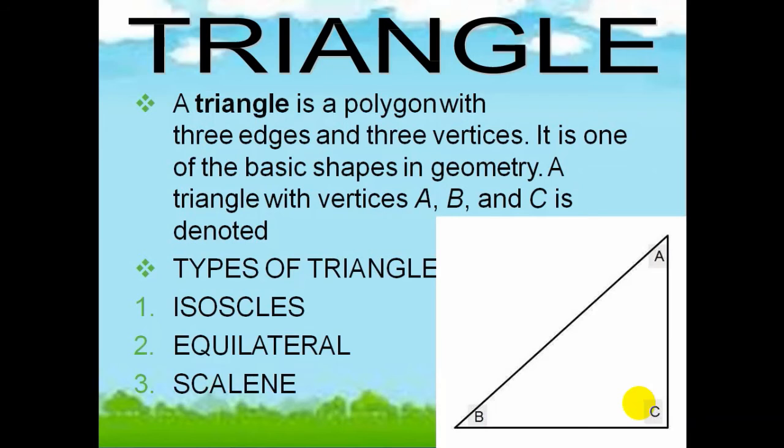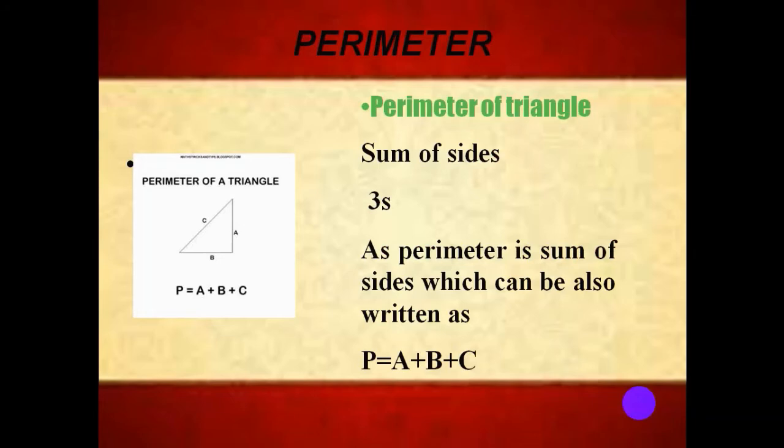Now, to find the perimeter of a triangle. For the perimeter, take the sum of all sides of the triangle. You see over here we have a triangle whose length of one side is A, the length of another side is C, and the length of the other side is B. So the perimeter of any triangle, isosceles triangle, equilateral triangle, different sided triangle, the formula will be the same in each case: side plus side plus side.